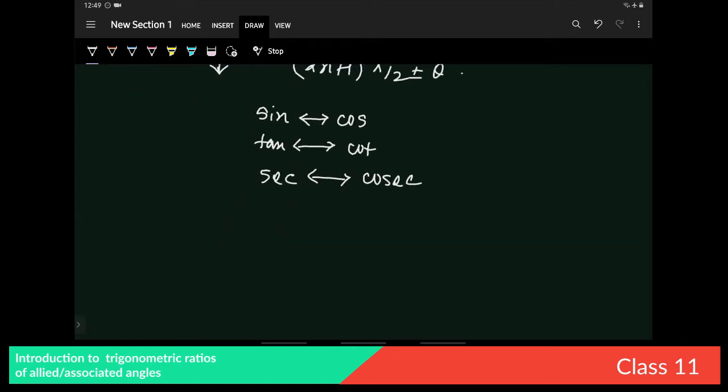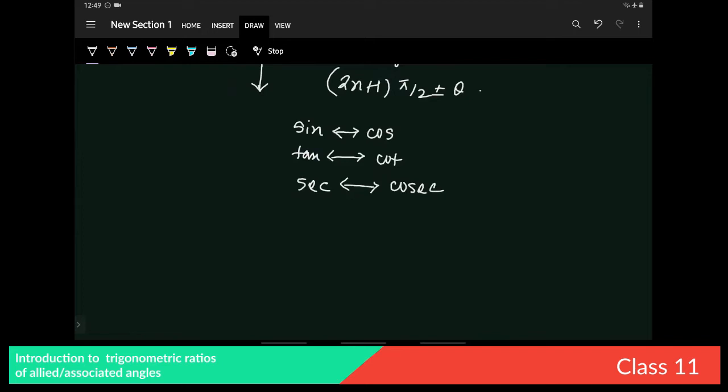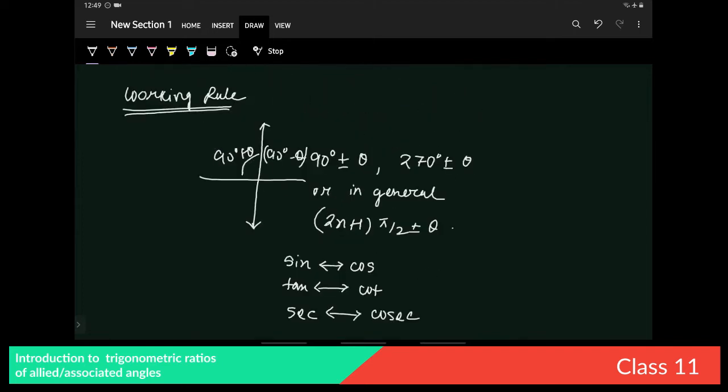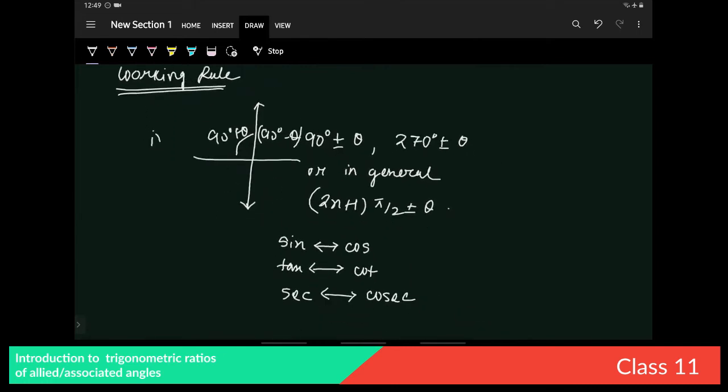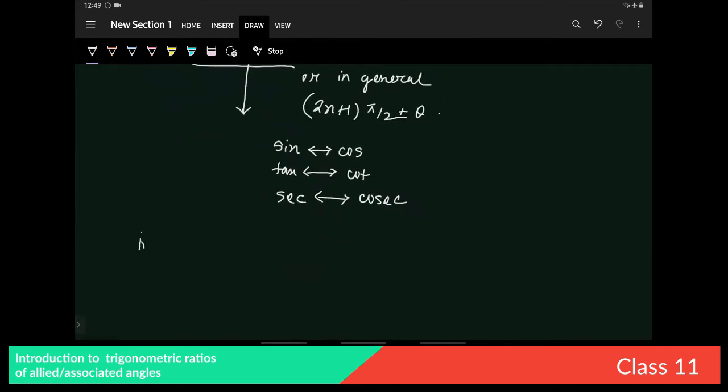Now the second working rule. It was the first point, and now it is the second point. What it is saying is that if a trigonometric ratio is associated with a horizontal line, that is pi plus minus theta.